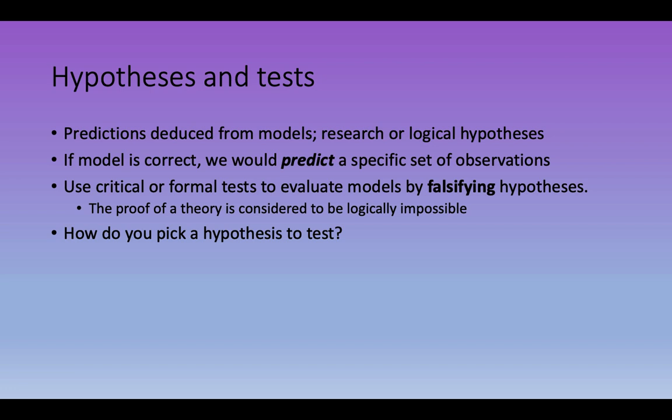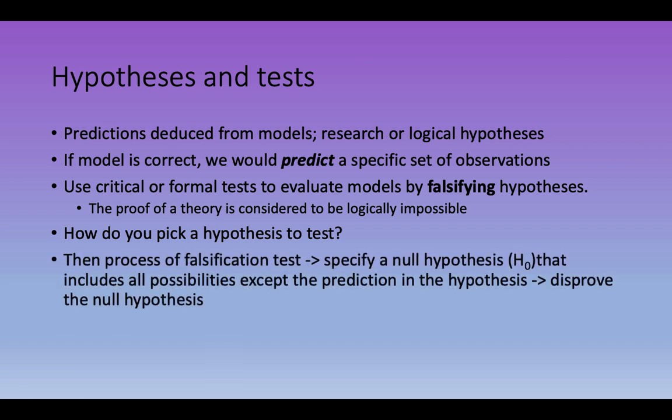So how do we pick these hypotheses or tests? We need a process of falsification testing. The classic way of doing this is to have a null hypothesis that includes all the hypotheses except the one predicted by the hypothesis you put forth, your alternate hypothesis, and you go through and try to disprove your null hypothesis.